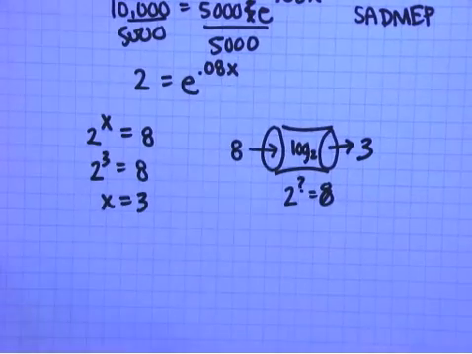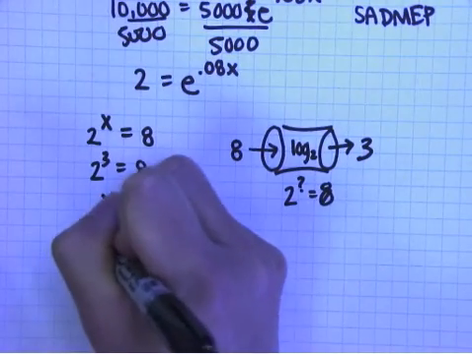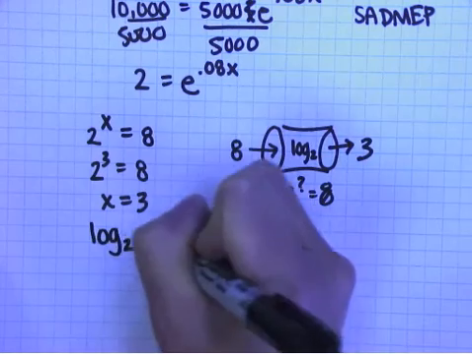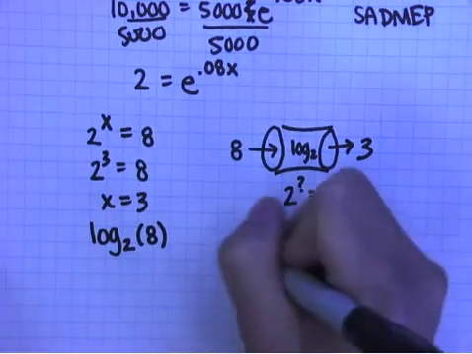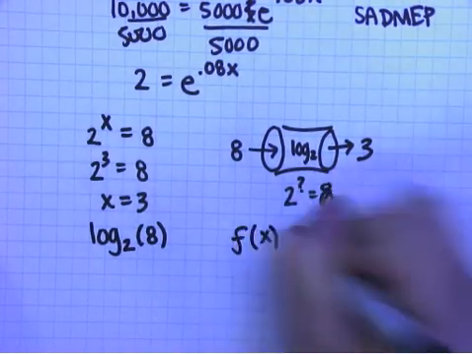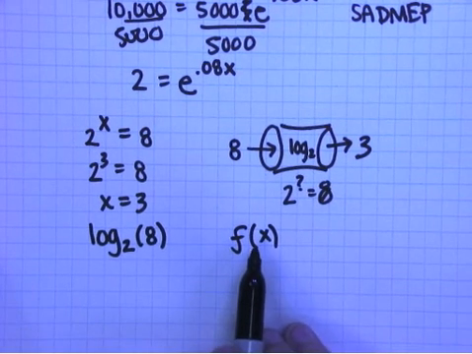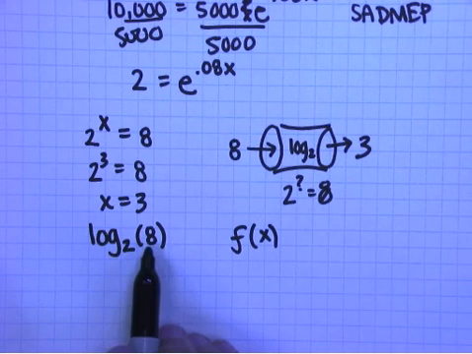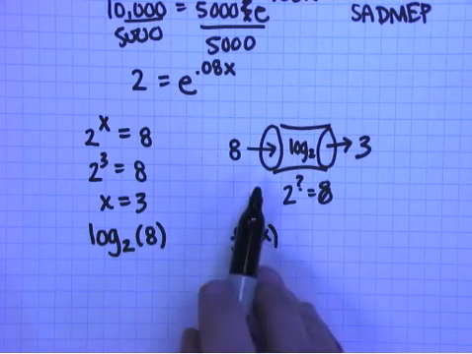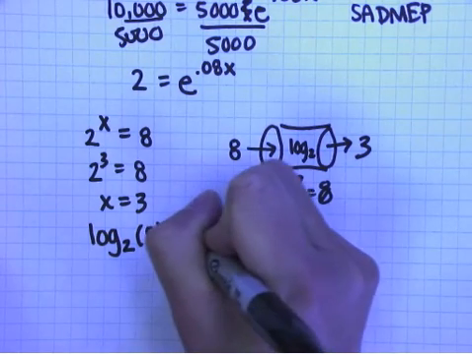So what you'll see written in a textbook is log base 2 of 8. Okay, this is like function notation. It's kind of like when you said f of x. You know how this is not f times x, it's f of x. This is function notation also. The function's name is log base 2, and the thing we're inputting into it is 8, and the output is 3.